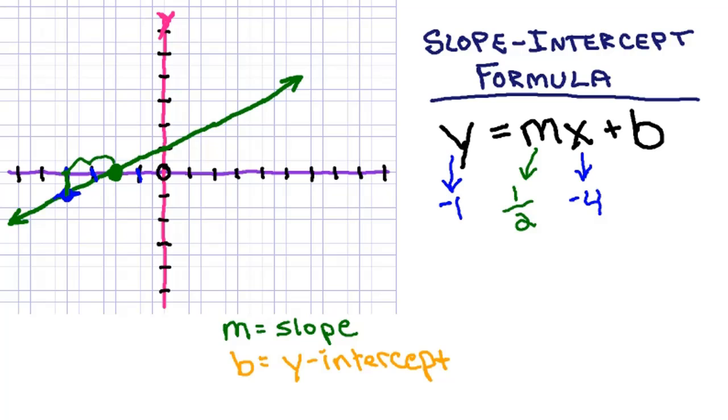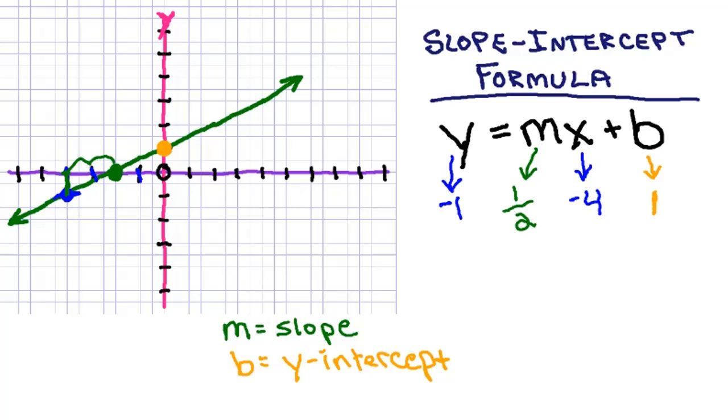Now let's look at the b value, the y-intercept value, where the line crosses the y-axis. Can you see where the line crosses the y-axis at this first notch right here? That's going to be a positive 1. So the b value is going to be 1.